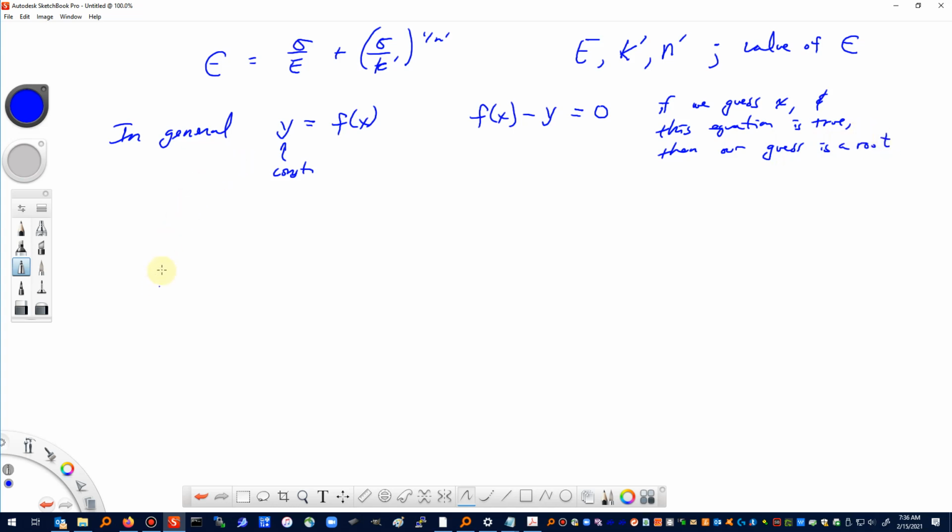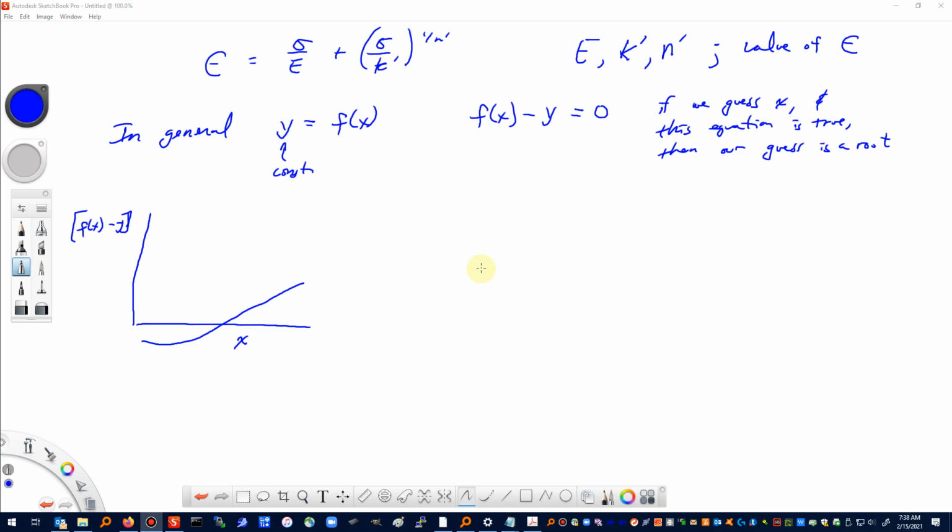Alright, so let's see if I can make a plot. I have to be a little bit careful here when I show the axes.